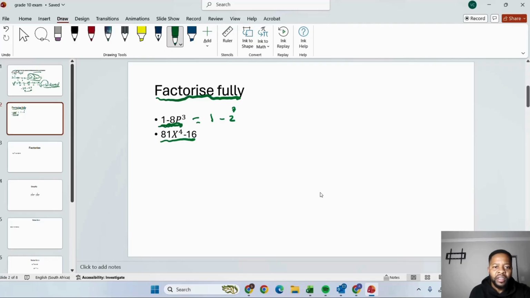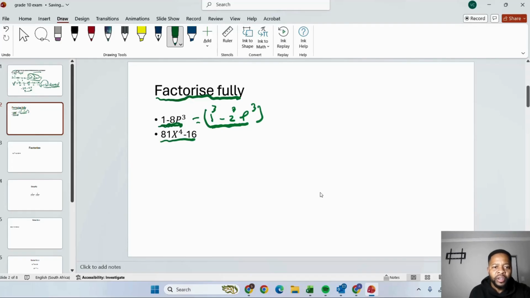We haven't changed anything, and p maintains its power of 3, and 1 to the power of 3 is still 1, since any number multiplied by 1 stays the same. So when I look at this expression, I see the difference of cubes.